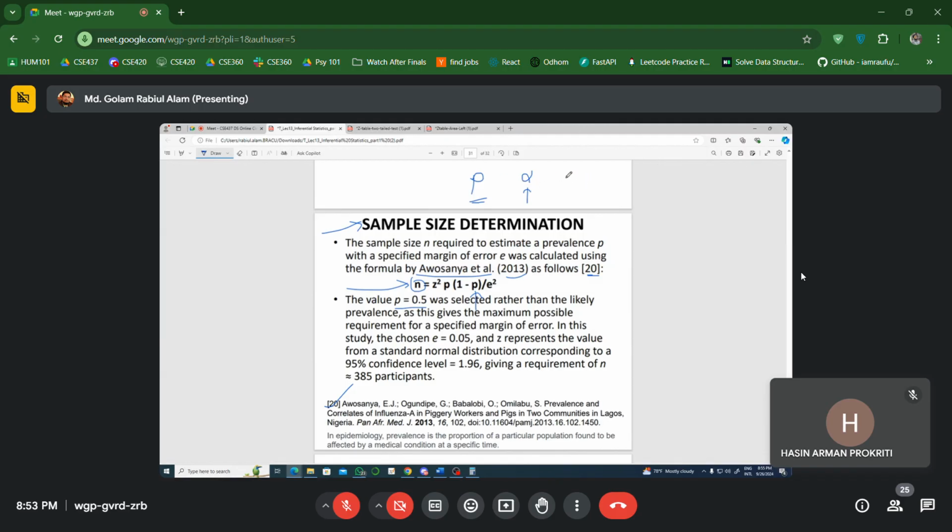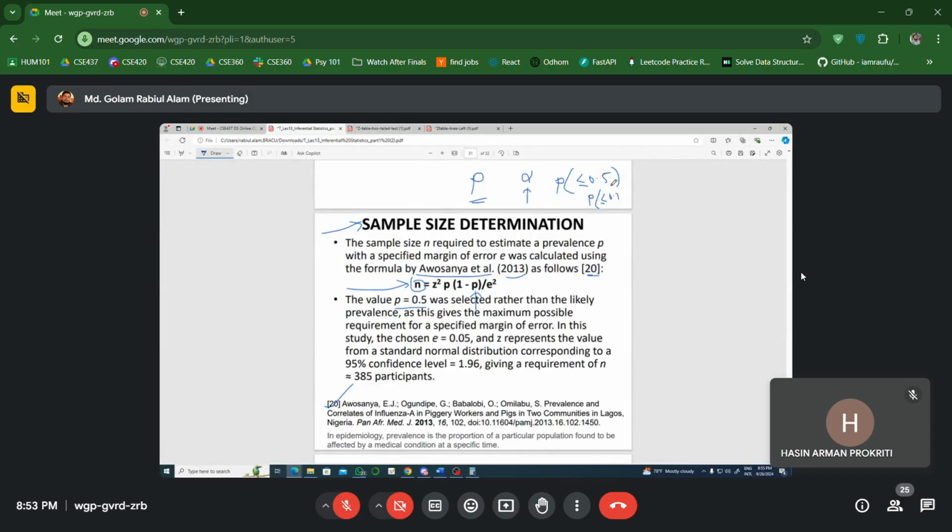So you will find that p is less than or equal to 0.5, or you may define p as less than or equal to maybe 0.1.